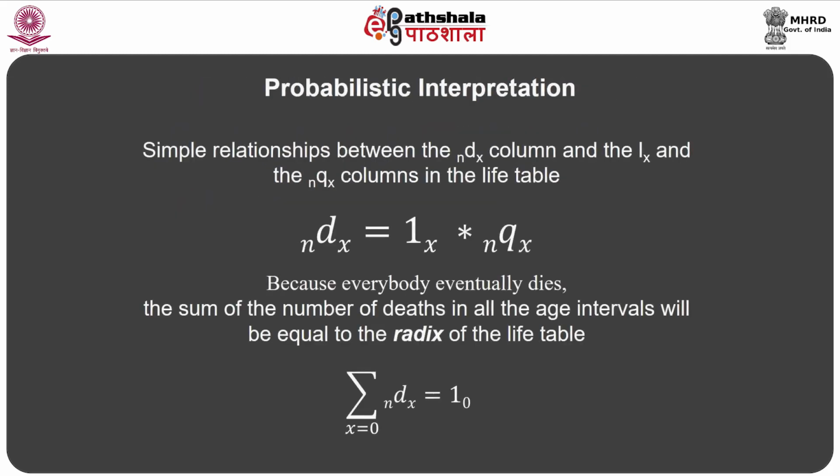There are simple relationships between the ndx column, the small lx and the nqx columns in the life table. ndx is equal to small lx multiplied by nqx. Because everybody eventually dies, the sum of the number of deaths in all age intervals will be equal to the radix of the life table, that is summation for x from 0 to infinity of ndx equals small l naught.